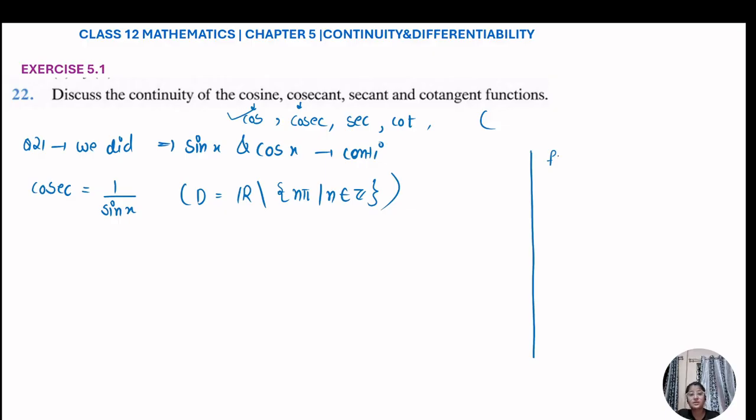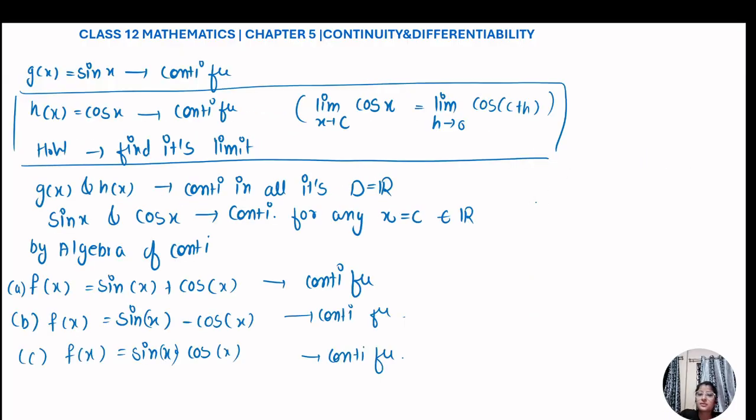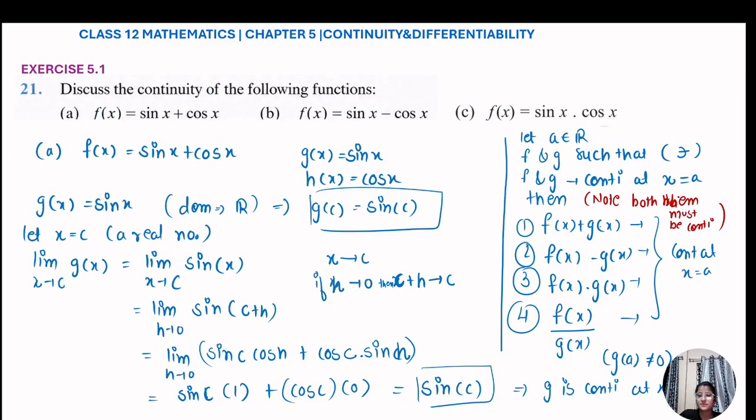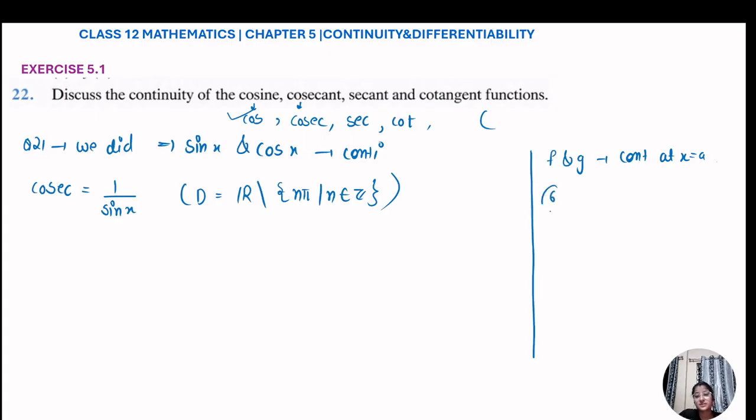We know that if f and g are continuous at x equals a, then, as I wrote for you in 21, four results: f of x plus g of x, f of x minus g of x, f of x multiplied by g of x, f of x upon g of x, and the last, if I add a fifth, that is 1 upon g of x, such that g of a is not equal to 0, is also a continuous function.